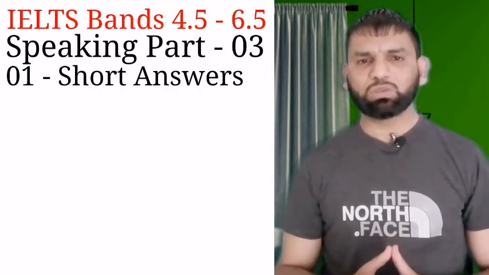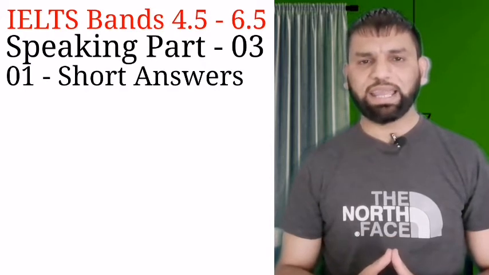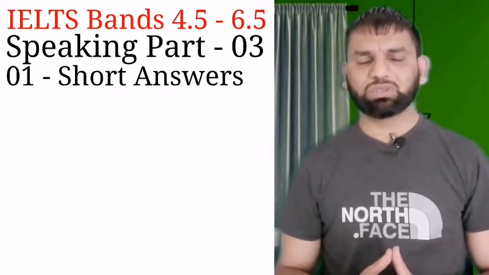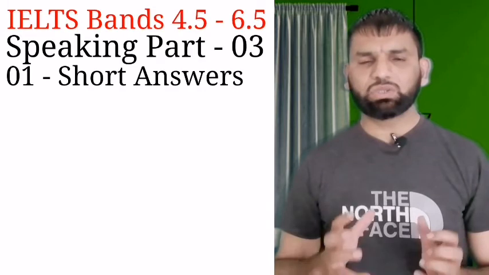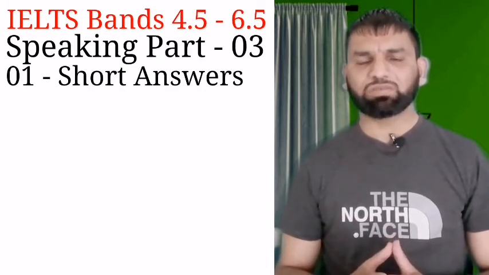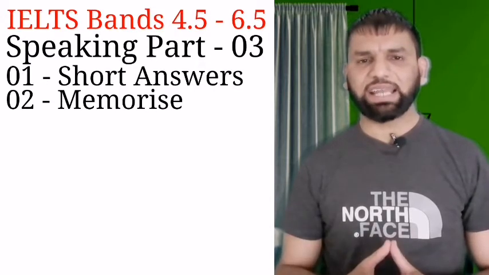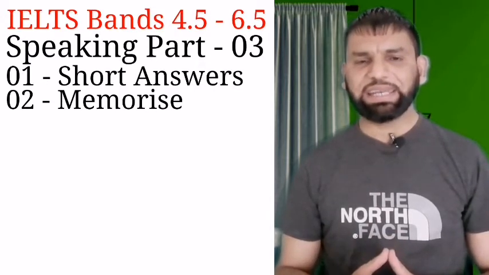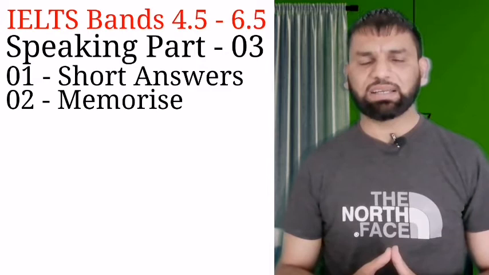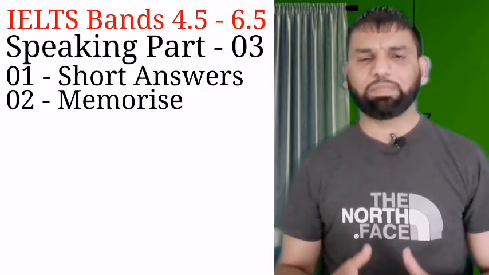The examiner wants to check the vocabulary and pronunciation of the students, but the students are in the habit of just memorization and they can't express themselves, and in this way the examiner can't be impressed by them.